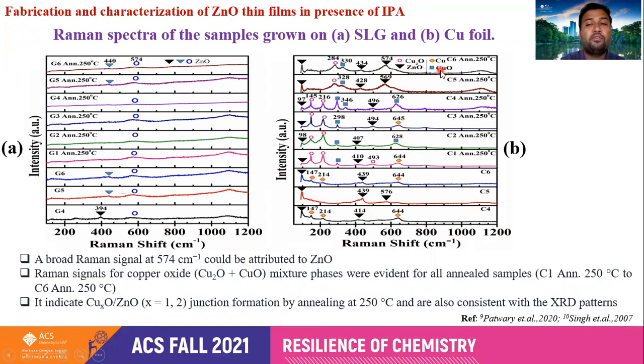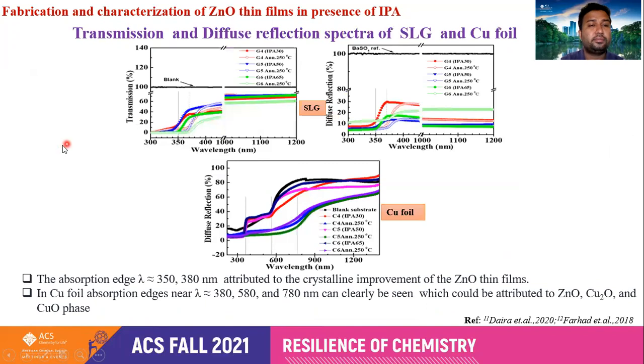Also, peaks for copper are present. When the sample is annealed, that means samples C1 to C6 confirm the presence of the copper oxide phase and zinc oxide phase also. That means the Raman signal confirms the mixed phases when the sample is annealed, and the junction is formed after post annealing at 250 degrees Celsius, and it is consistent with the XRD result.